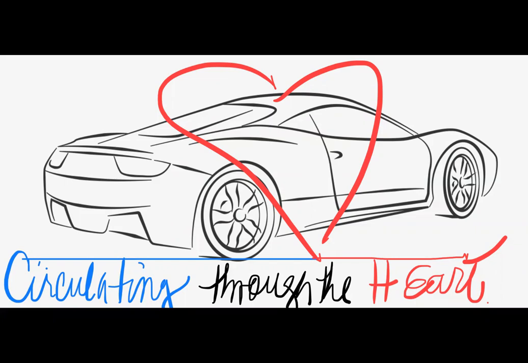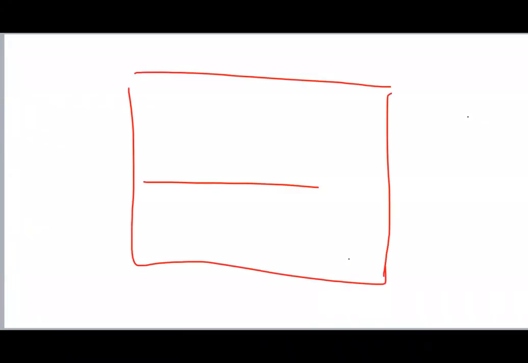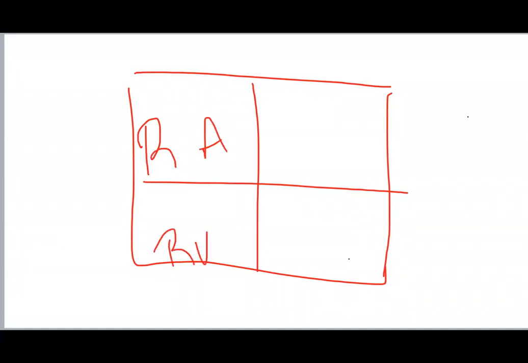Okay, let's begin from the beginning so we can end at the end. Let's always remember that basic schema that I like to do. I've done the class about 1,000,000 times, right? This is our heart. On this side is going to be the right atria, the right ventricle, the left atria, and the left ventricle, right?